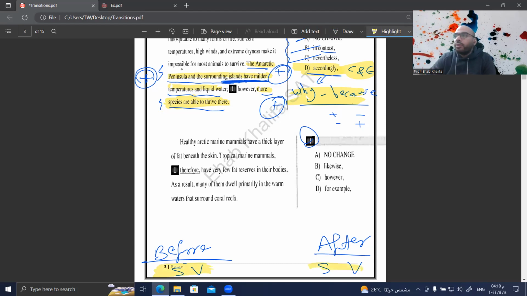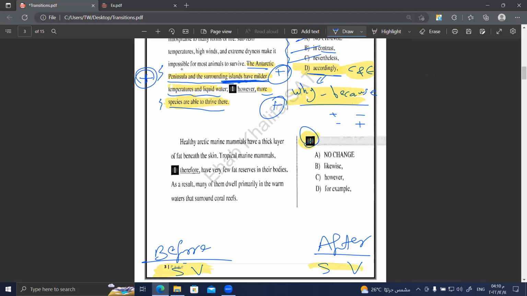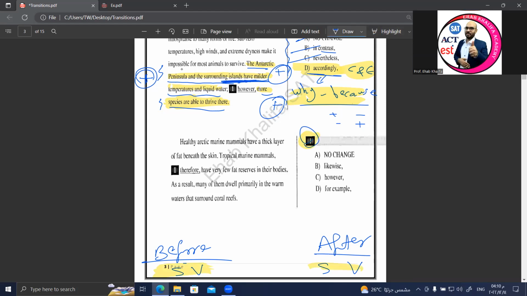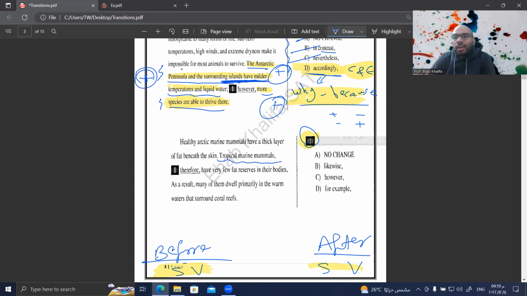For example, in this question, if you think that this is what comes before, this is totally incorrect, because that does not make any sense. That is a fragment, tropical marine mammals. So if you think that I will read this and this is what comes before and this is what comes after, this is totally wrong.